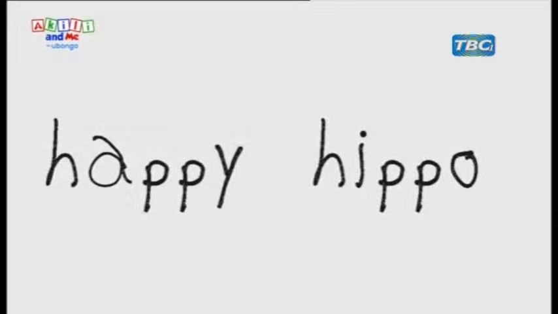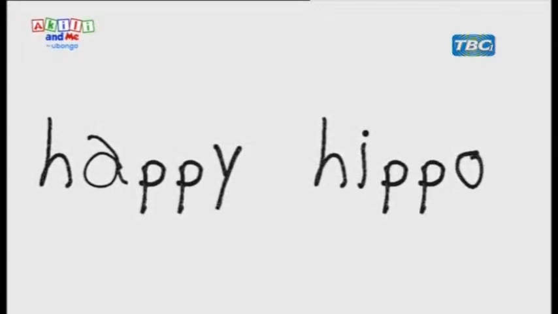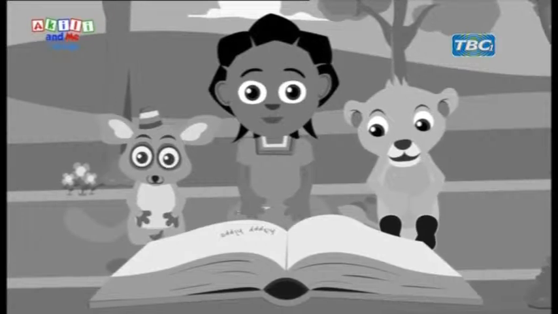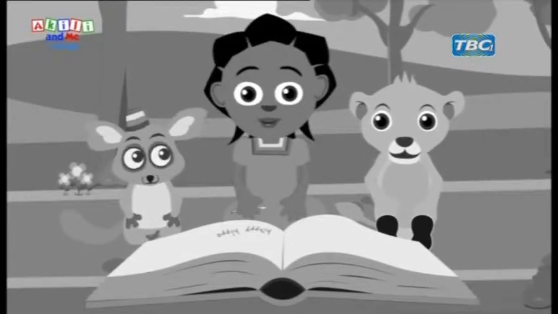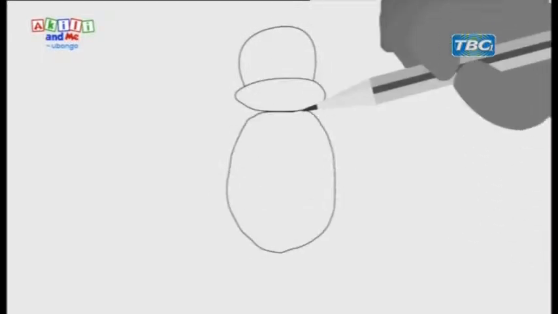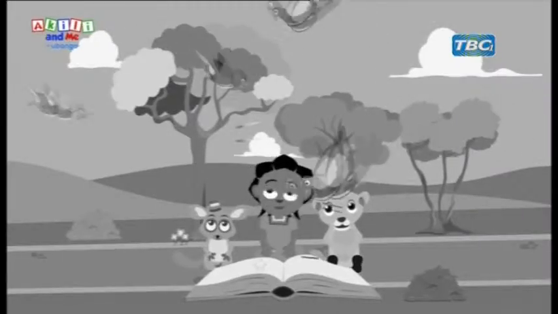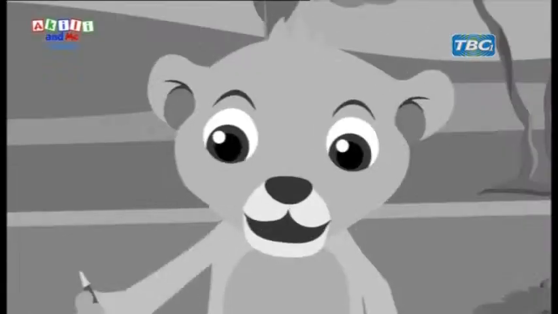Umeandika Happy Hippo. Lakini nini kinafuata? Draw! Yes, draw! Pencils!